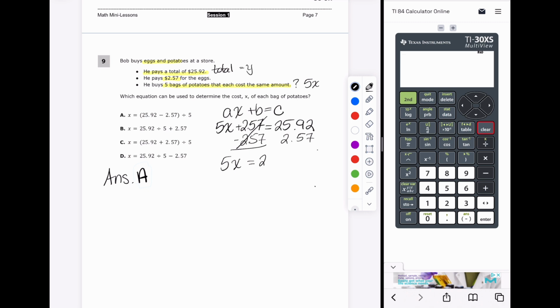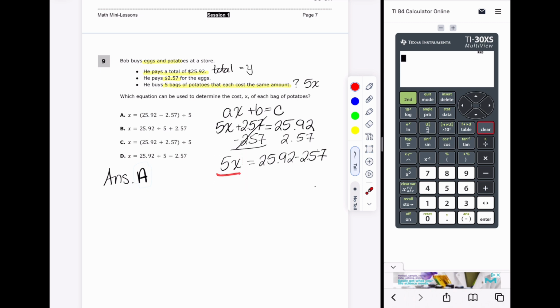On the other side, and I'm not going to solve the entire part out because that's not what the choices are telling me, I will do 25.92 minus 2.57. Okay? And now I still want this x by itself. Now I'm only looking at this. Forget all this for a second. I'm only looking here. 5 times something gives me this. So the opposite of 5 times something is to divide.